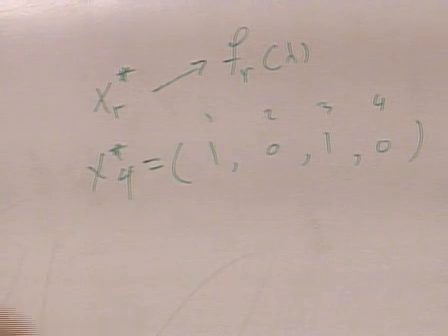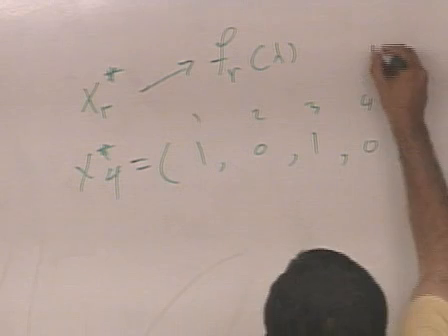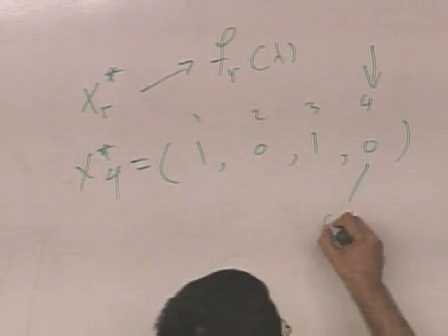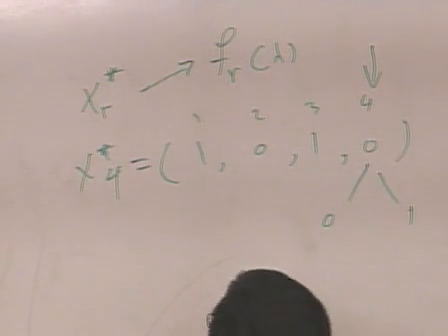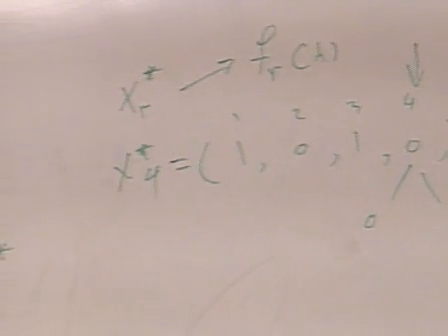So x star r would have r elements. Now, only look at the last element. How many values can it have? 2. So what would be the value of this one? It's either 0 or 1. Okay, so if we look at x star r, what kind of notation do we use here?